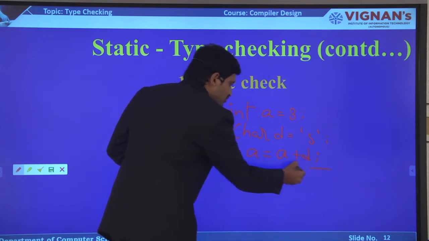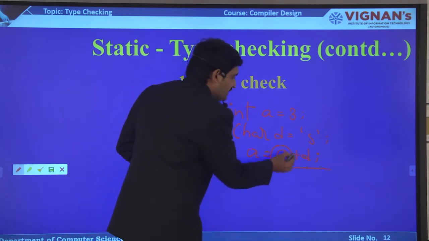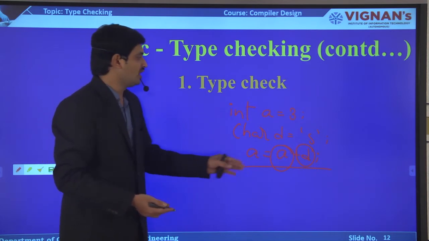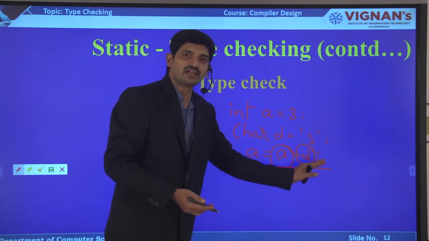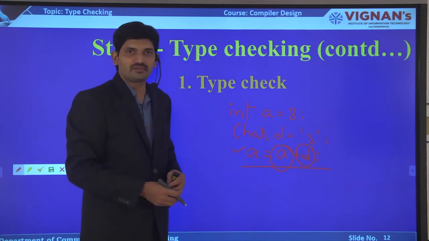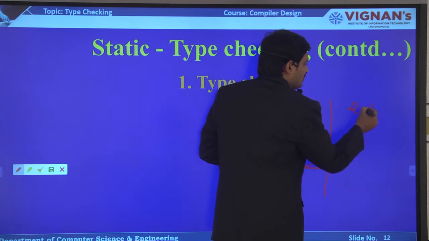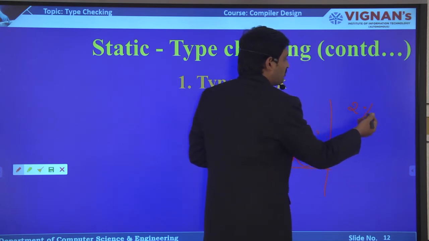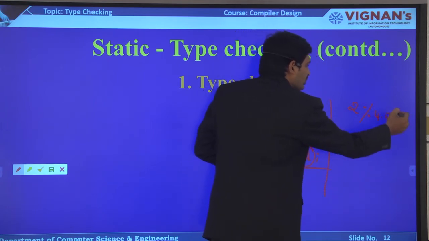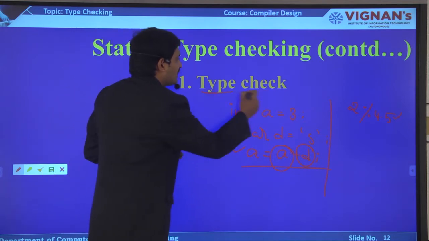Definitely it is going to generate some error, because here a is the integer type and d is the character type, so we cannot perform an operation between an integer and a character. Next, the second example: an integer on which we perform the modulo operation with some floating point number, definitely it is going to generate some error. These types of errors come under type check.